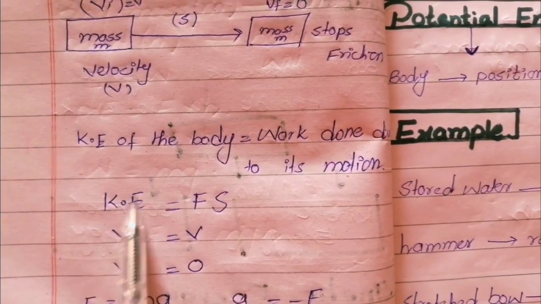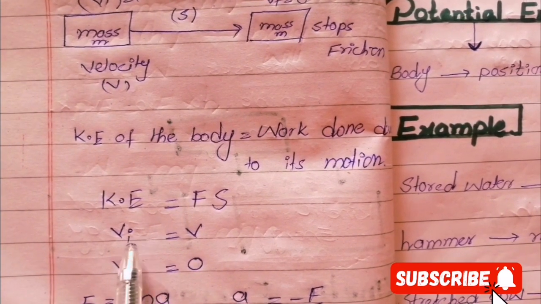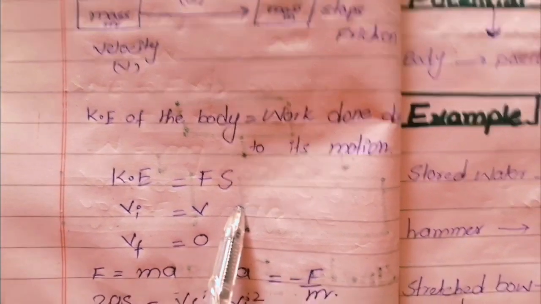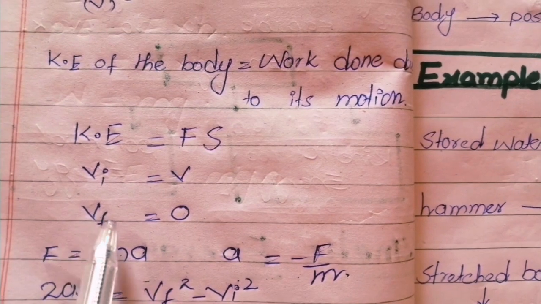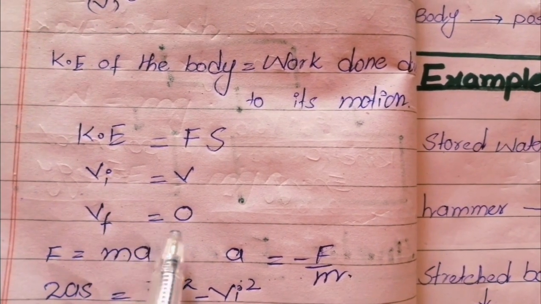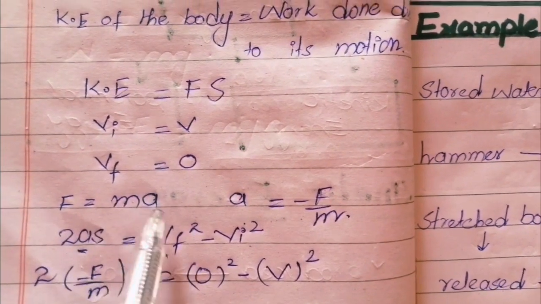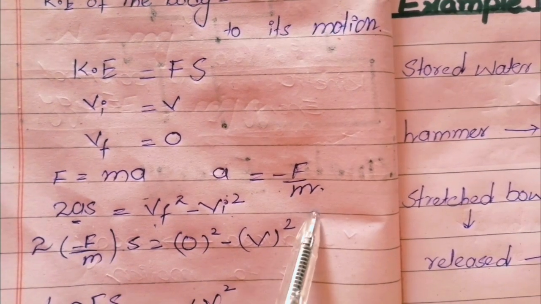When the body starts to move, at that time its velocity is called initial velocity, which is equal to v. And when the body stops after some time, at that time its velocity is called final velocity, which is equal to 0. So force is equal to mass times acceleration, and acceleration is equal to minus F over m.